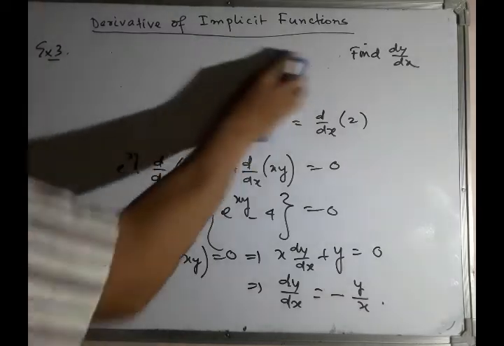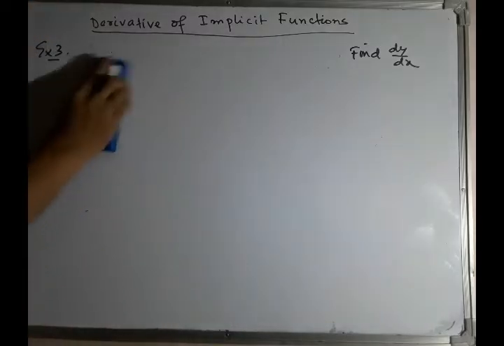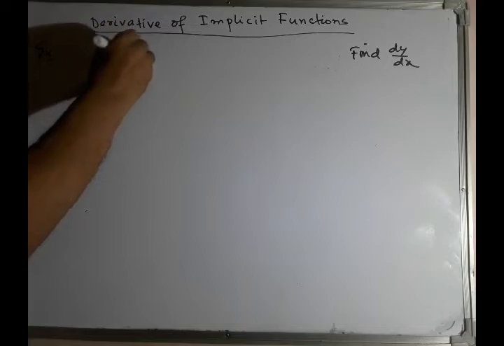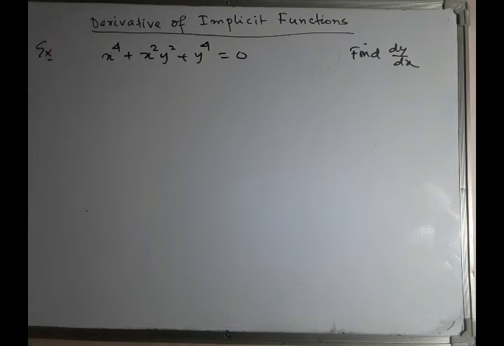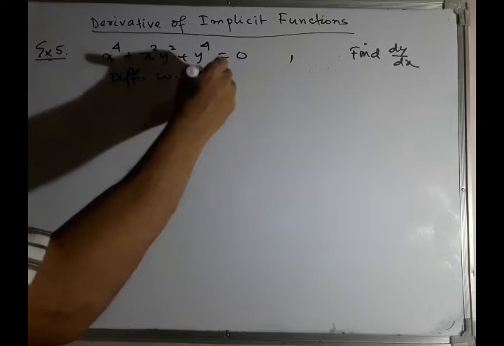Next example, x to the power 4 plus x square y square plus y to the power 4 equal to 0. Example number 5. And from here find dy by dx. So same way we have to differentiate with respect to x.